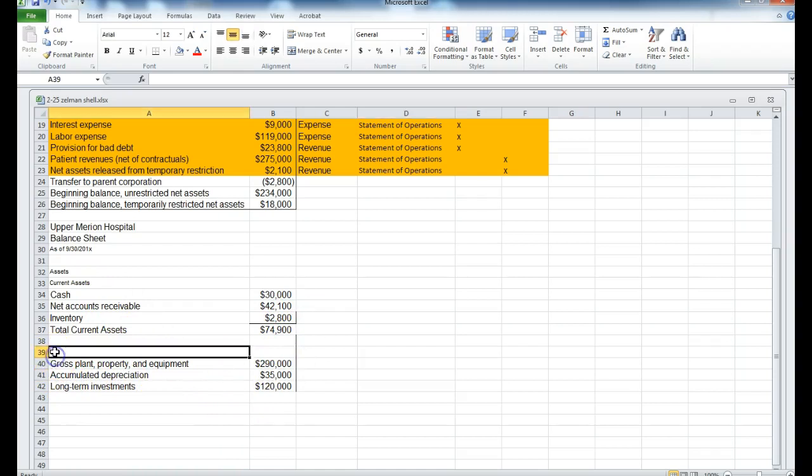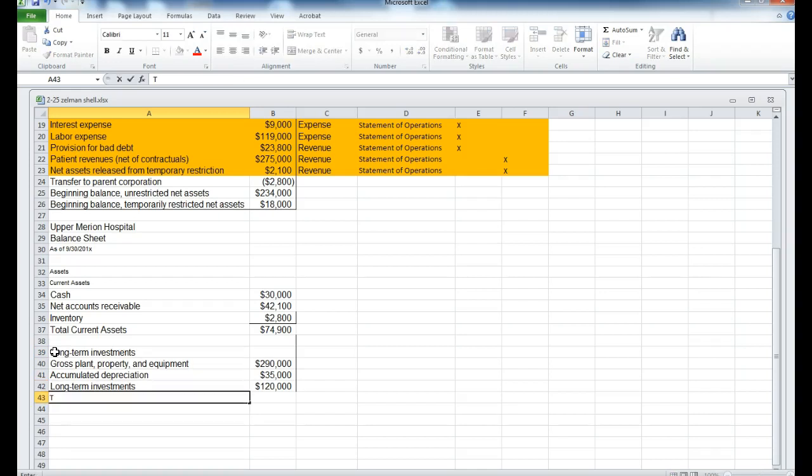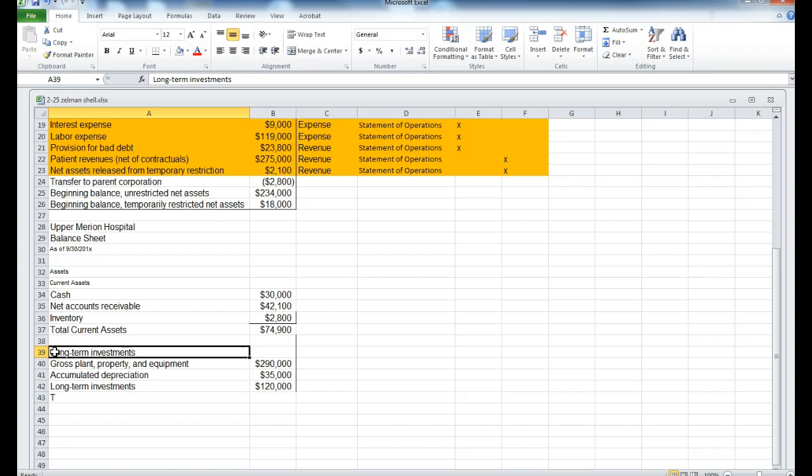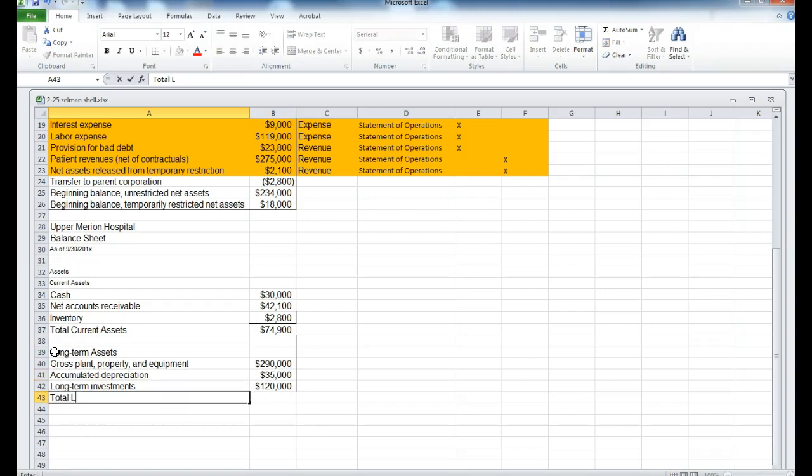And then we have our long-term assets, or non-current assets. Oops, it should be long-term assets. So you saw how it came up automatically because it found the term long-term investments below. So here's our total long-term assets, or total non-current assets, whichever you want to call that.